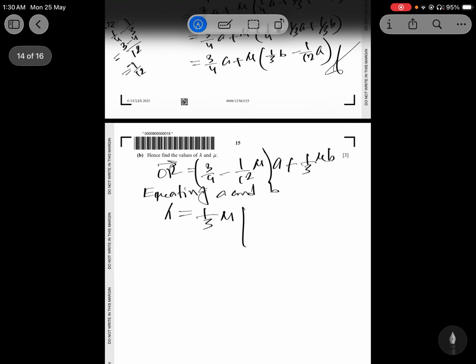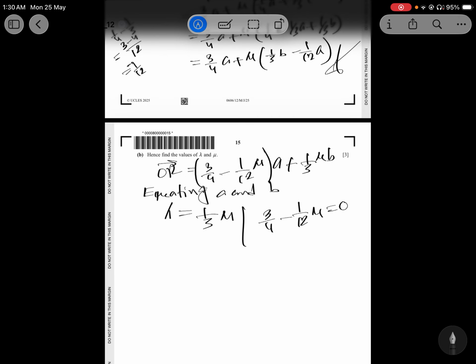There is no A. So 3 by 4 minus 1 by 12 mu is equal to 0. 1 by 12 mu is equal to 3 by 4. So mu should be 9, and lambda should be 3. Yeah, it should be.